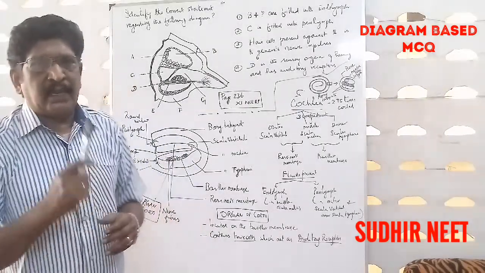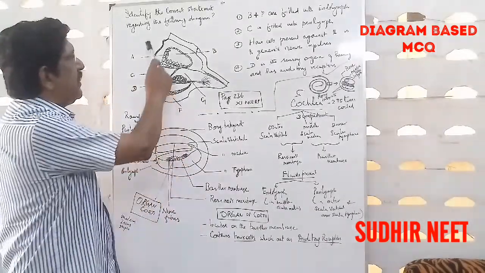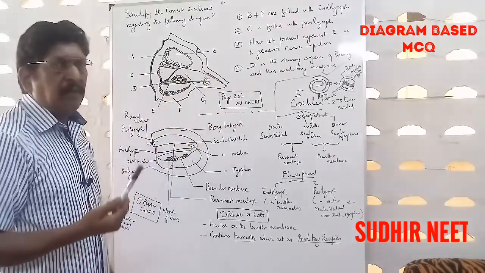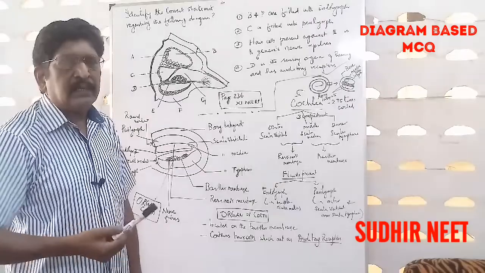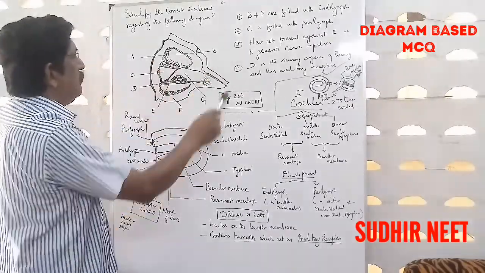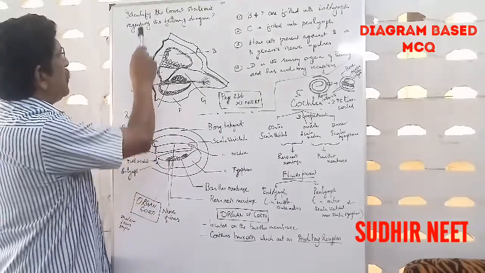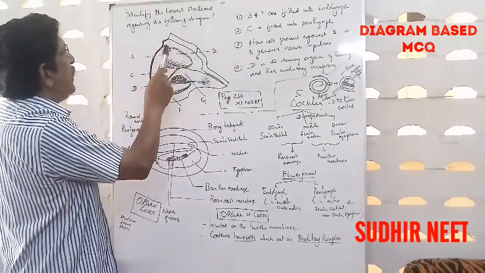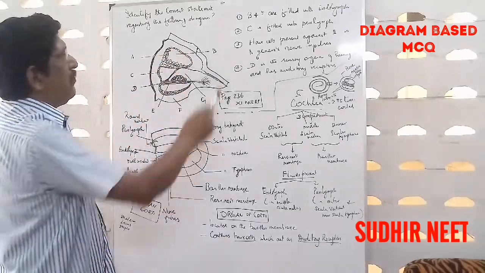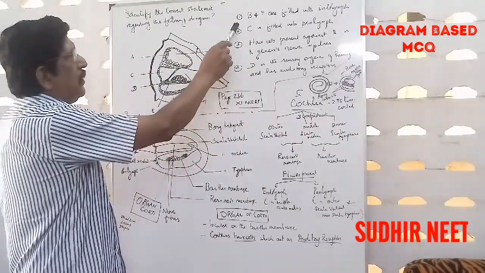Now let us take up this question. This is the diagram given in the NEET question paper. So it may come in this NEET 2020 also. So the question is, identify the correct statement regarding the following diagram. There are four options. 1.